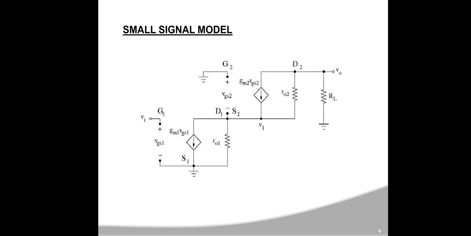The terminals G1, S1, D1, D2, G2 and S2 are as shown in the figure. The input is V1 and the output is given as V0. This is the small signal model of the cascade of common gate and common source amplifiers.